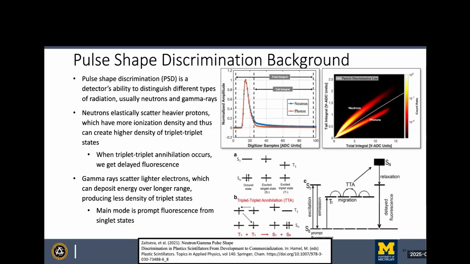And then when we take all of those pulses together and make a two-dimensional histogram of those tail to total integral ratios versus the total pulse integrals as a proxy for energy, you can see two distinct bands of neutrons and photons. Notice that the neutrons have a higher tail to total integral ratio, and we draw a line of discrimination between the bands.